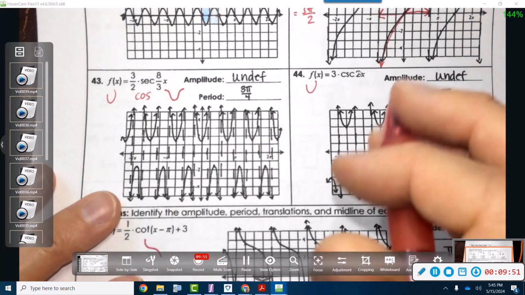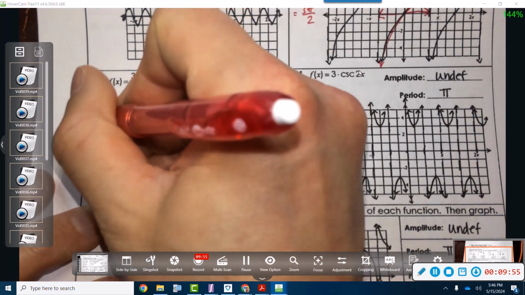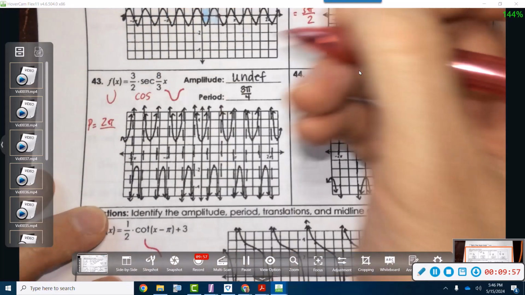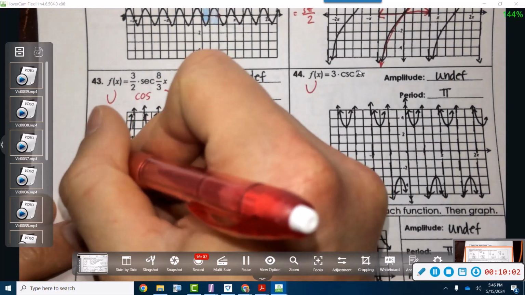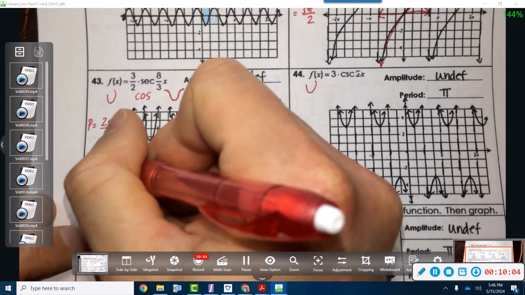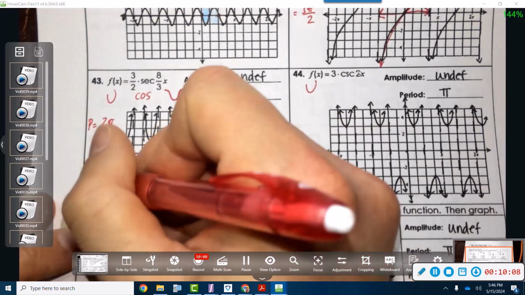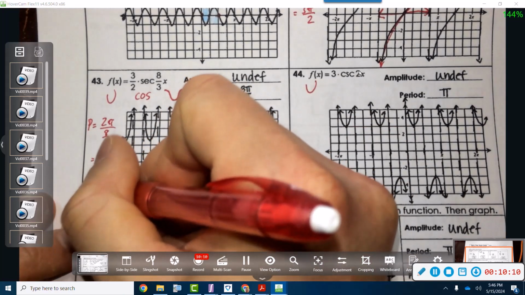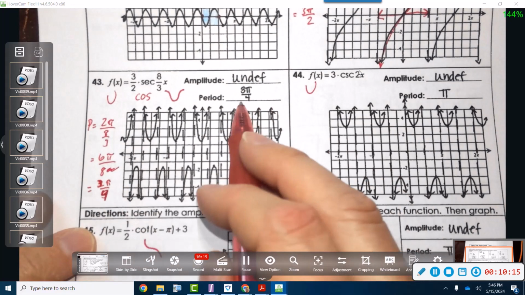I don't think technically it's a quadratic. But secant actually has the same period as cosine. So this would be 8 over 3. So then this would be 6 over 8. Oh, and so that would be 2 pi over 3. I'm sorry, 3 pi over 4. Okay, divide those by 2. 3 pi over 4, that's what we got.